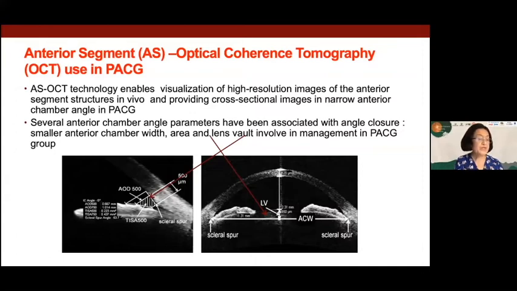The shaded area in the picture indicates the area. TISA 500, or trabecular iris space area, is the 500 micrometer area between the cornea and the iris. In addition, another parameter is AOD 500, angle opening distance.